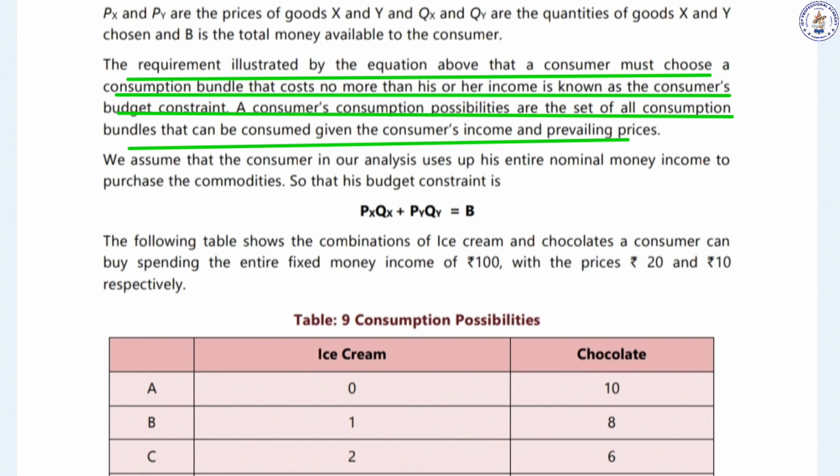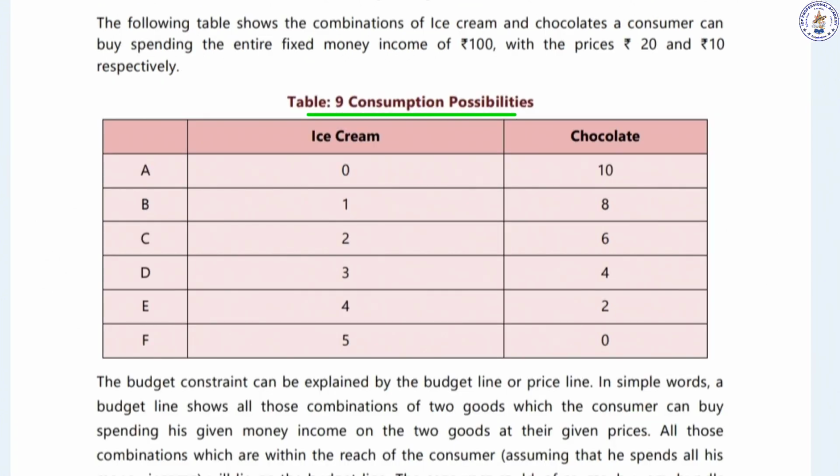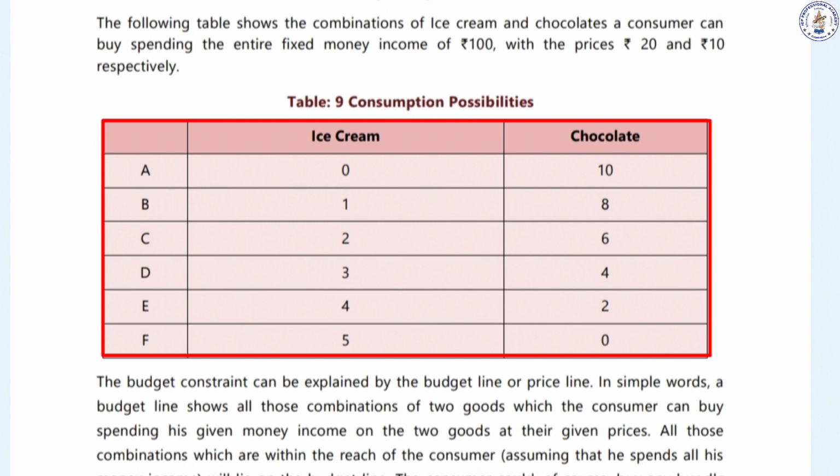Now, the requirement of a consumer within his budget, the allocation of the money available between two products, has been explained in table number 9. In table number 9, you can see 6 preferences of a consumer.